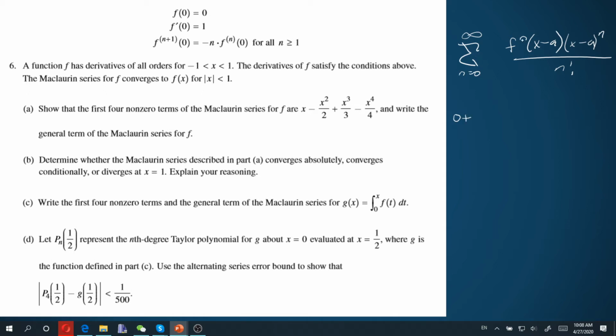Okay, second term. What's my first derivative? 1. Okay, so I've got 1x to the first power over 1, which is just x. Okay, then for every next derivative, we'll have negative n times the derivative at 0, so the previous derivative at 0.